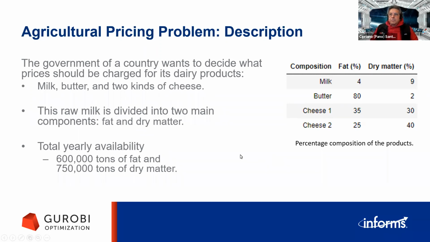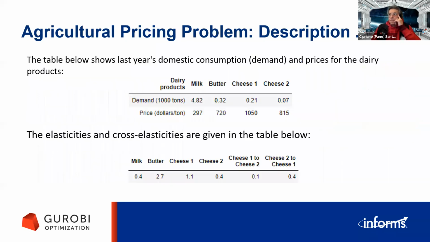And the capacity or the availability of the raw materials. So we have 600,000 tons of fat and 750,000 tons of dry matter. Also, we are going to consider the last year domestic consumption demand and associated prices.